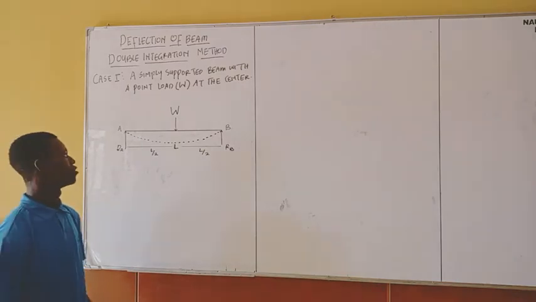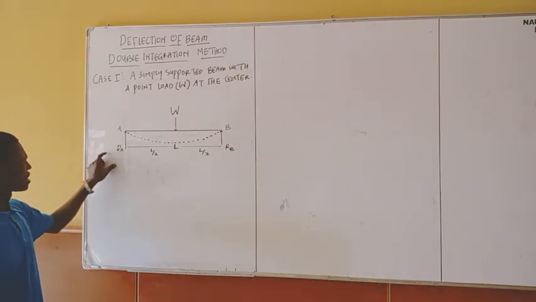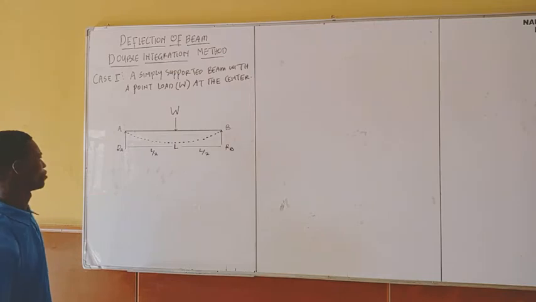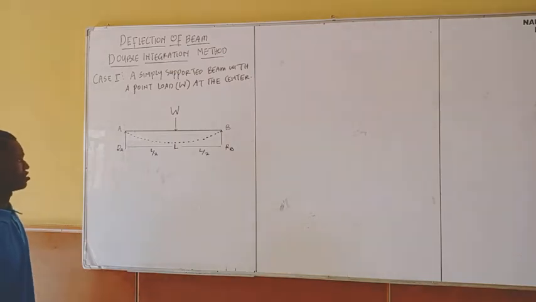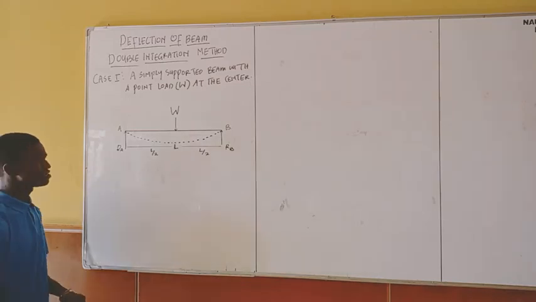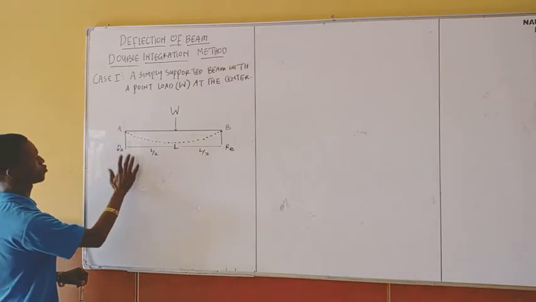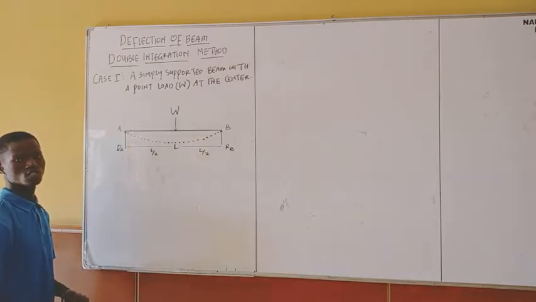Now let's calculate the reaction at point A and at point B. You can take your reaction at point A or at point B. The first thing you do is find your vertical forces: the summation of upward force must be equal to the summation of downward force.